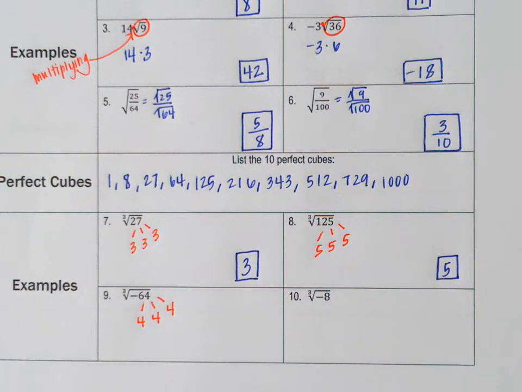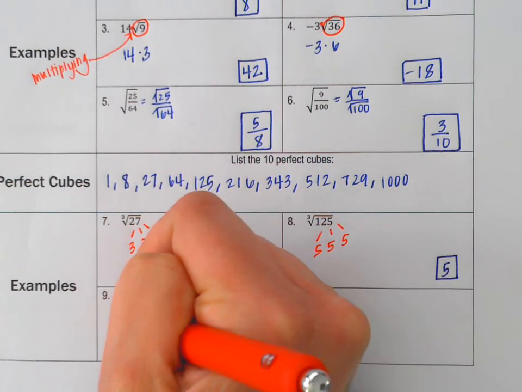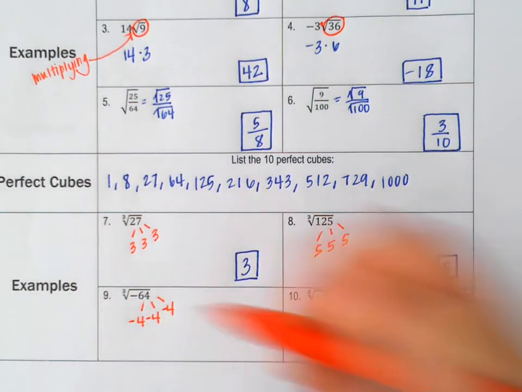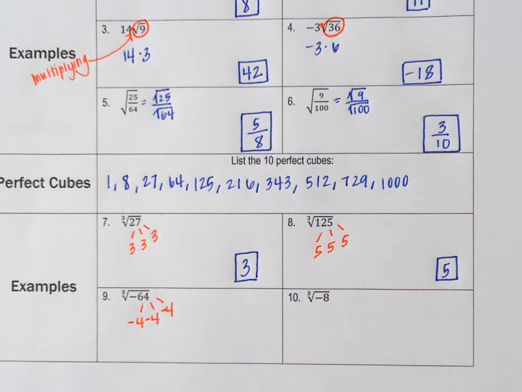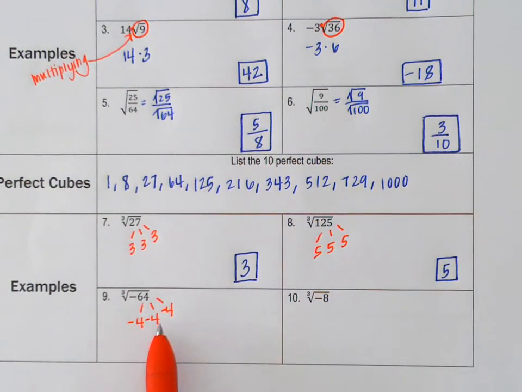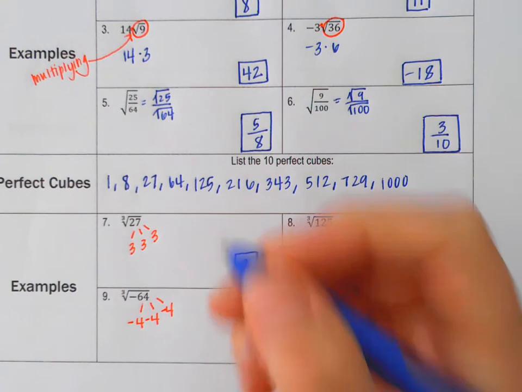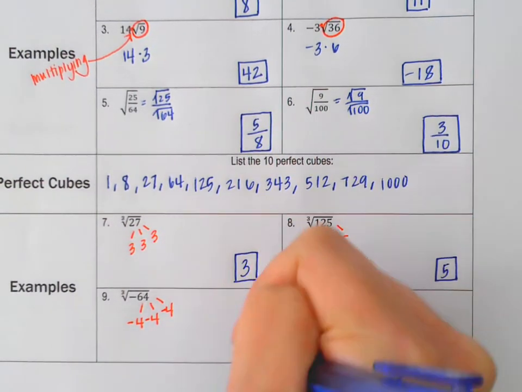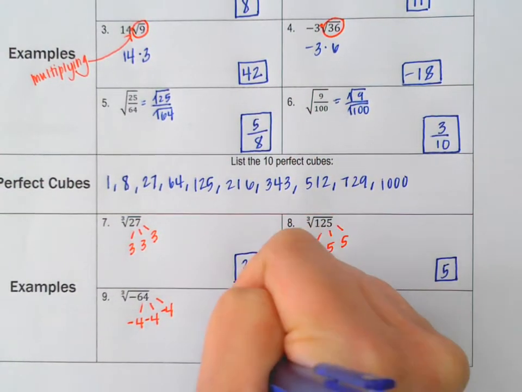We know 4 times 4 times 4 is a positive 64, but what if, to make a negative 64, I make this negative, negative, negative? So negative 4 times negative 4 times negative 4, and a negative times itself 3 times still gets me a negative number. And so the cube root of negative 64 is negative 4.